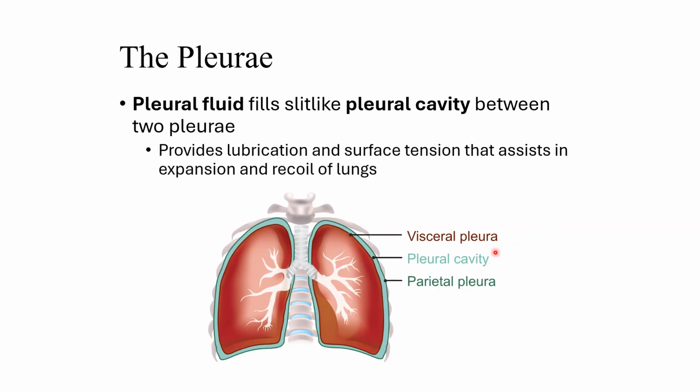Between these two layers of pleura there is a cavity. It is known as pleural cavity. There is some fluid in the pleural cavity, and this fluid provides lubrication for the lung expansion and recoil.